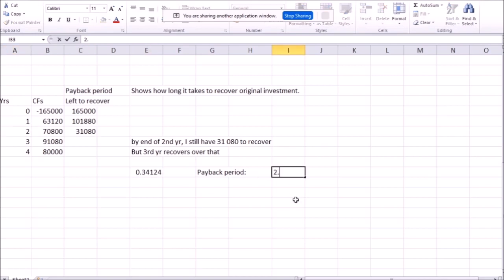Okay, so it's going to be 2.34124 years. And for your exams, you don't need to convert this into the number of months and days. So if you have something like this, please don't convert it into 2 years, 4 months, 3 weeks and 2 days, something. Don't need to do that. Okay, just keep it as it is.